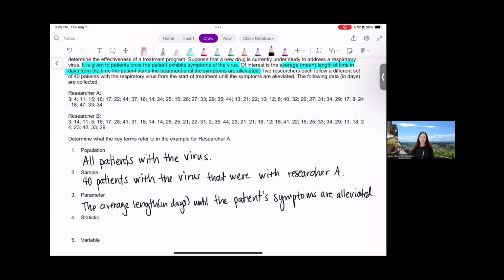The statistic specifically refers to the 40 patients. So this would be the average length in days until the 40 patients' symptoms are alleviated.